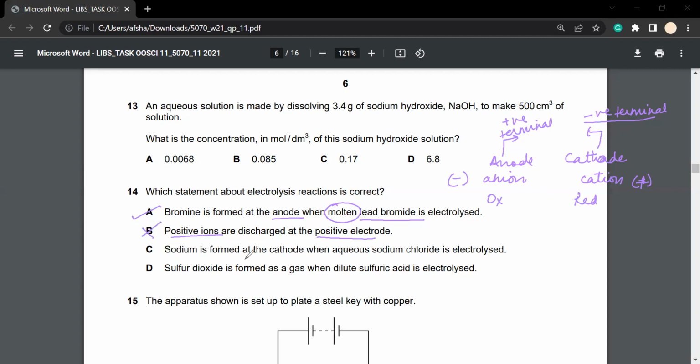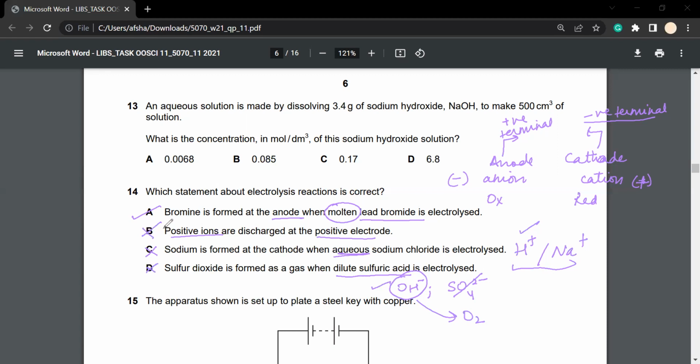So this is wrong. Sodium is formed at the cathode when an aqueous solution is electrolyzed. Now here it is aqueous, so you have rival ions here, hydrogen ions and Na ions. Of these two, the one which is lower in the electrochemical series will be preferentially discharged. That's the hydrogen ion, which will be discharged and hydrogen gas will be formed. So C is incorrect. Sulfur dioxide is formed as a gas when dilute sulfuric acid is electrolyzed. Here you have two rival ions, hydroxide ions and sulfate ions. Of these two, sulfate never discharges in any scenario, whether it is dilute or concentrated. So whenever hydroxide ions are discharged, they will be producing oxygen gas.